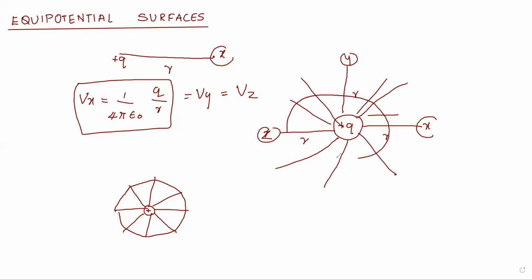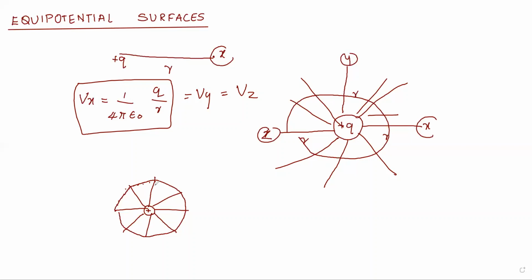I will get a circle around the charge. And that means the potential on this circle at every point will be same. On this circle, if I consider very minute points, the potential will be same.